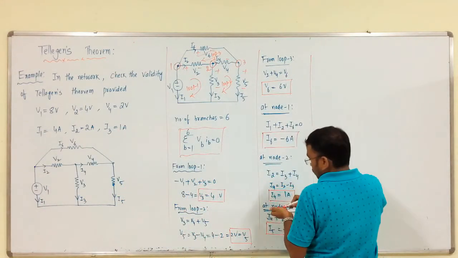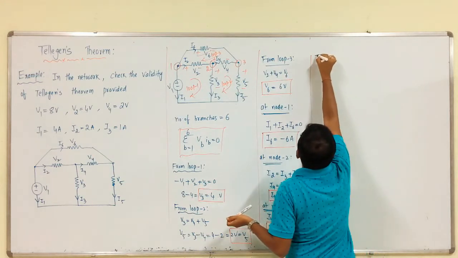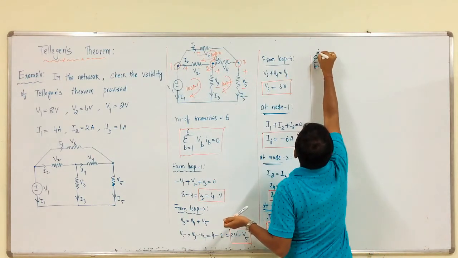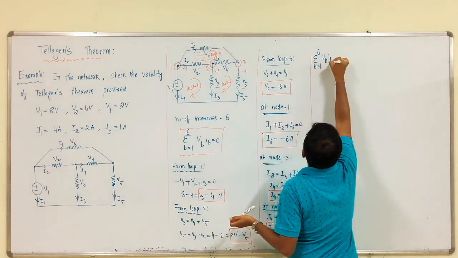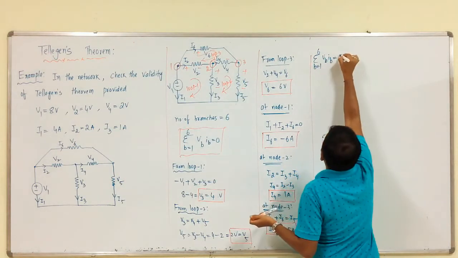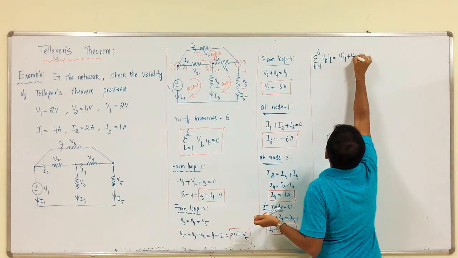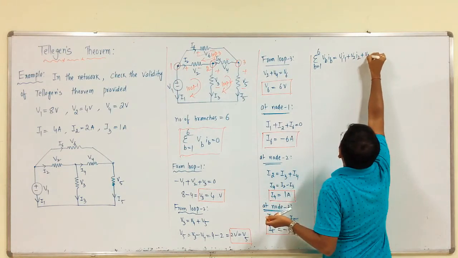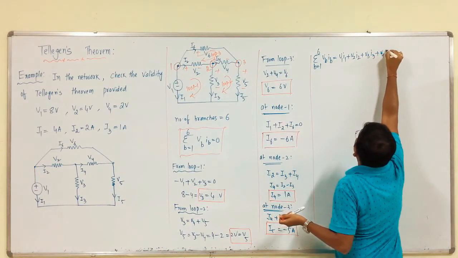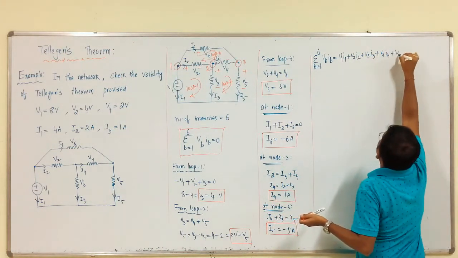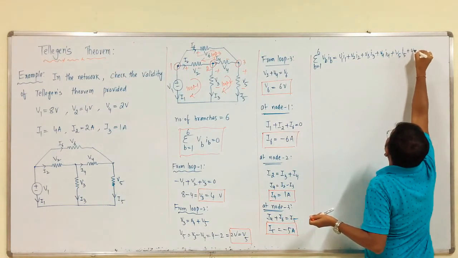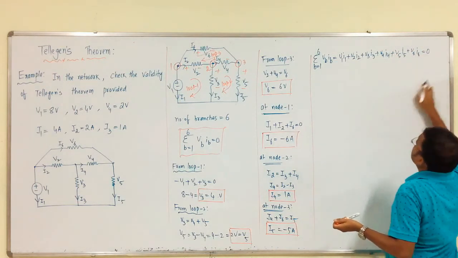Therefore, go with this formula: sum of b equals 1 to 6, V_b I_b is equal to V1 I1 plus V2 I2 plus V3 I3 plus V4 I4 plus V5 I5 plus V6 I6, which should be equal to 0.